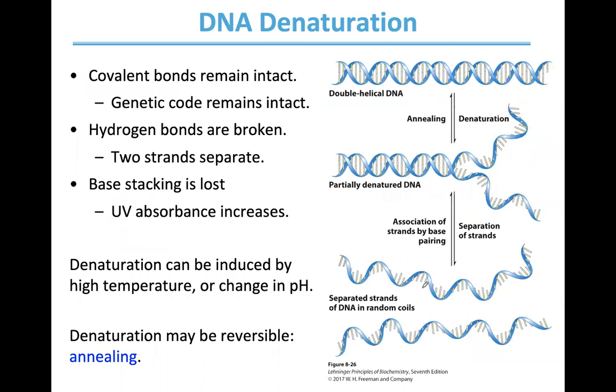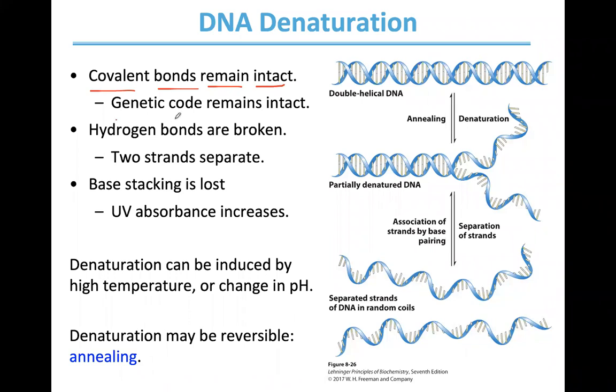All right, so let's switch to DNA denaturation. So just like proteins, DNA strands can be pulled apart, right? You can basically break hydrogen bonds. You will not break the covalent bonds by simply heating the DNA, well, within reason. Let's say if you heat to 100 degrees, you will not break the covalent bonds.